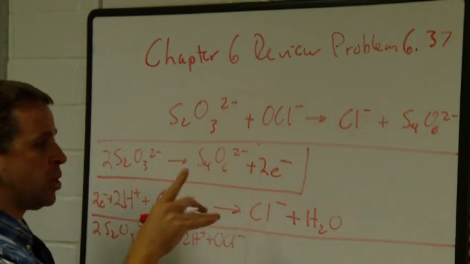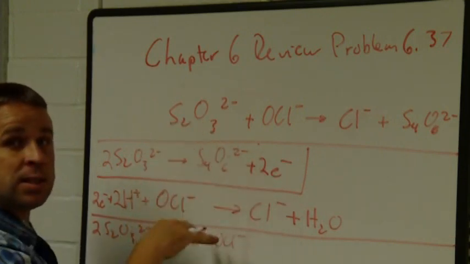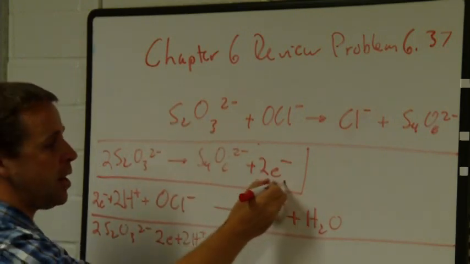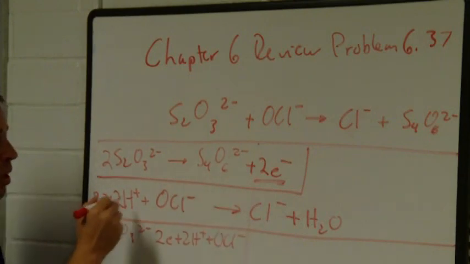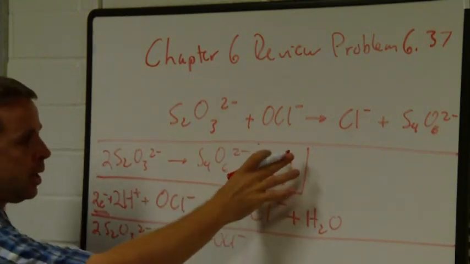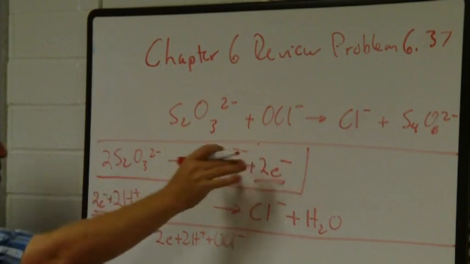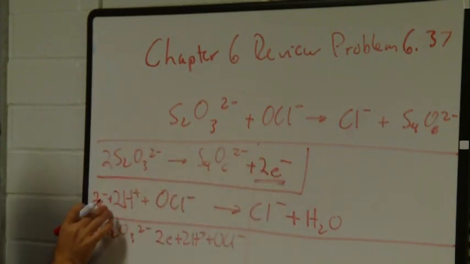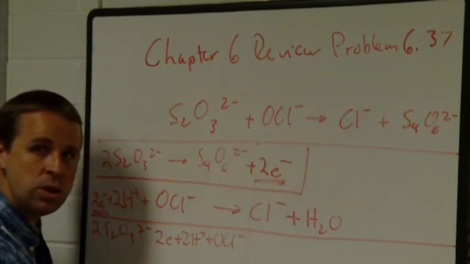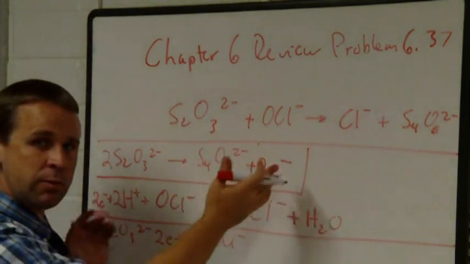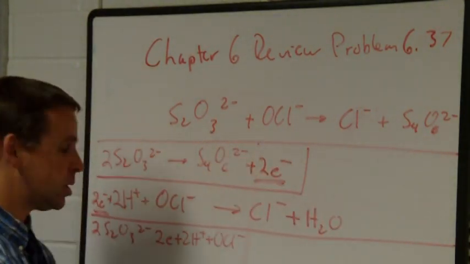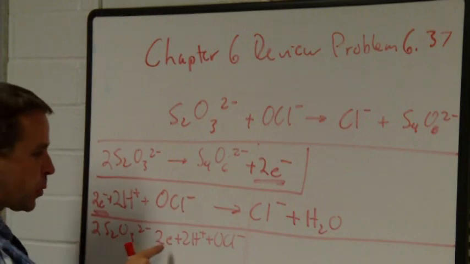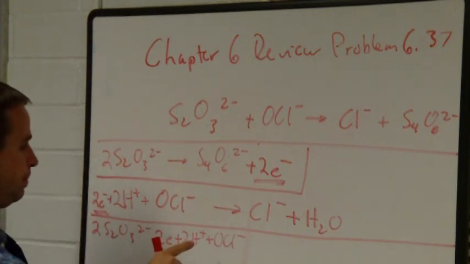I should say that before I could add these together, I had to verify that the number of electrons being added to the right side of the equation here and to the left side of the equation here had to be the same before I could add these 2 half reactions together. All right, so where were we at?